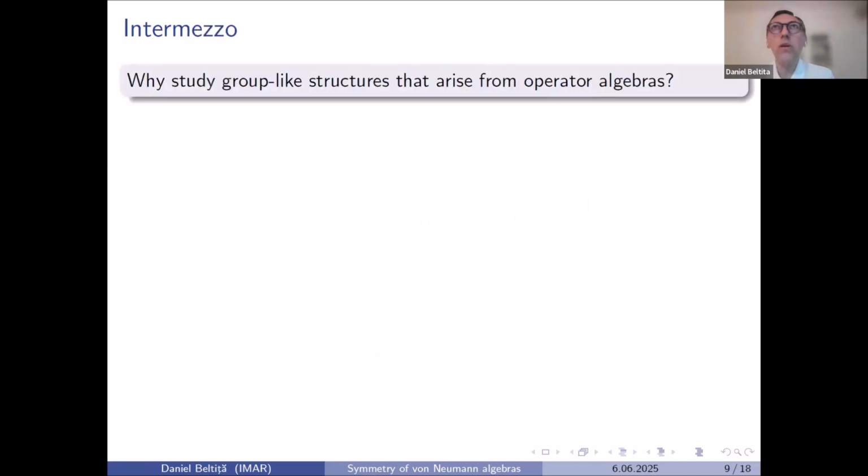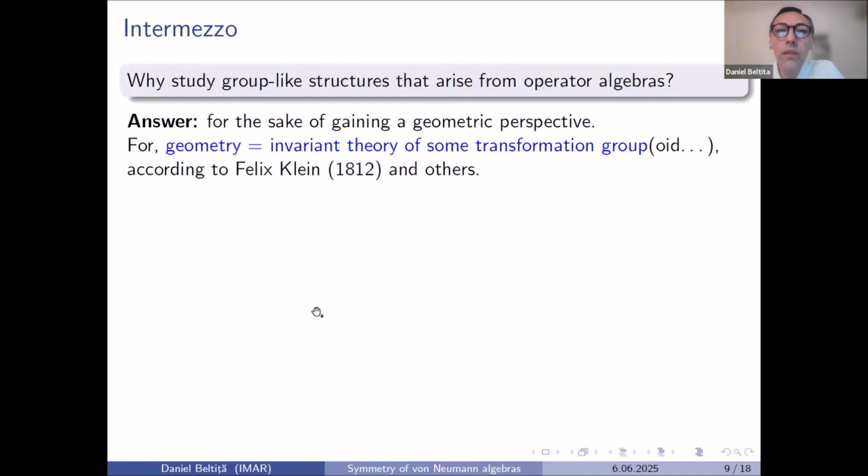Before going further, since now we have all the definitions, I would like to briefly comment on why we want to build group-like structures out of operator algebras. The basic idea is that according to Felix Klein's Erlangen program, geometry is the study of invariance of a transformation group.